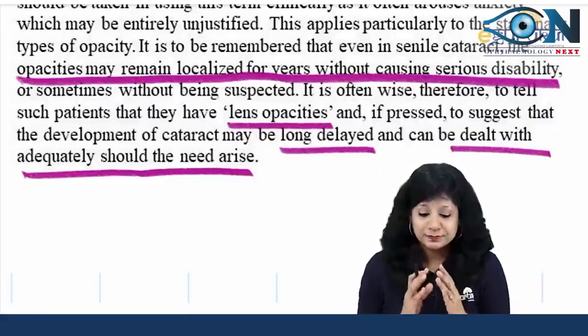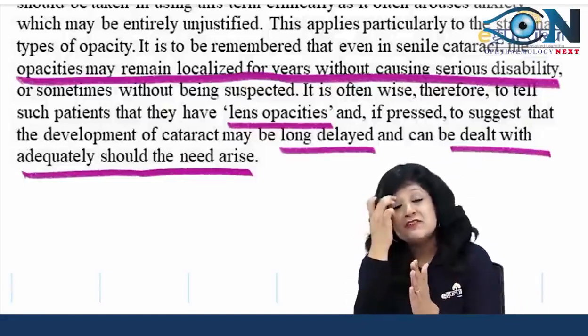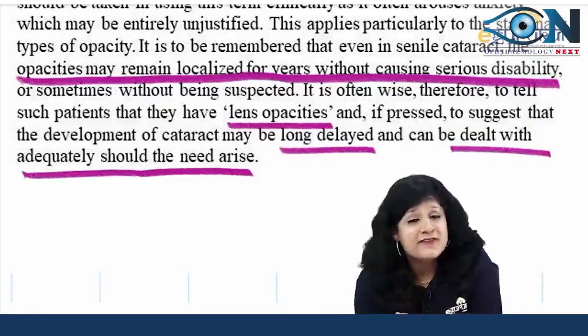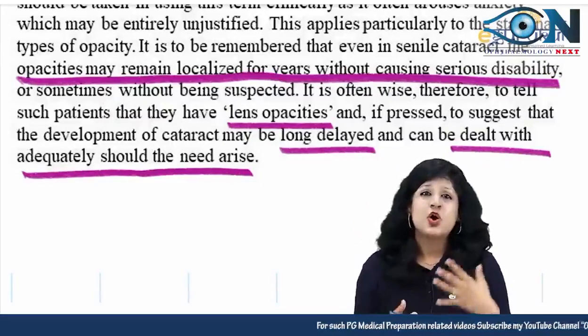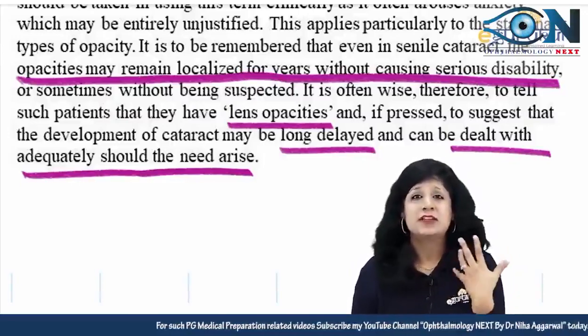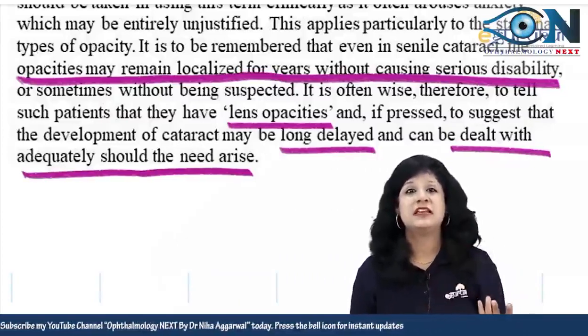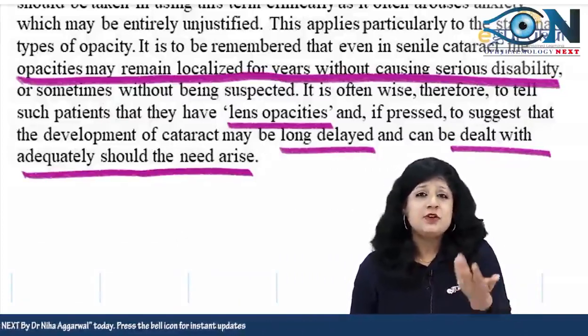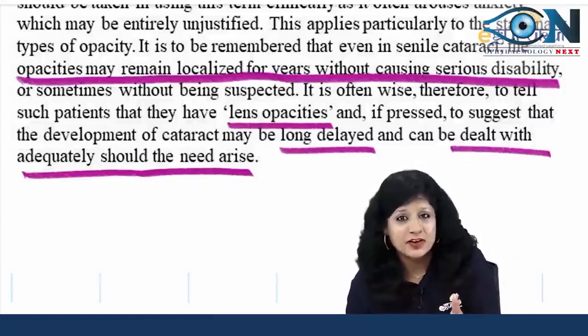If you feel that the amount of opacity in the lens is not severe enough to disrupt the visual pathway of the patient, or hamper day-to-day activities, or need immediate surgery, you can prefer not to use the word cataract in front of the patient.